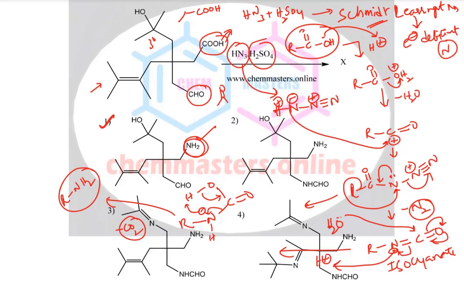So this is the generalized mechanism for Schmidt rearrangement, which simply involves an isocyanate and an electron deficient nitrogen, and it is known by most of the students and aspirants. Now, how is the reaction mechanism observed on all these three functional groups? Now we can see them.